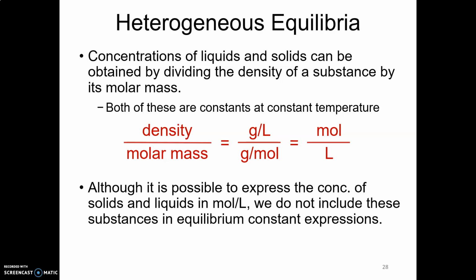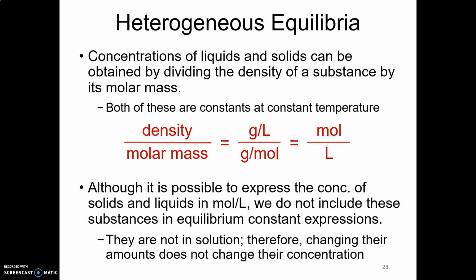So we are not going to include solids and liquids in our heterogeneous equilibria expressions. The reason for that is when we change their amount, it doesn't change their concentration. Water is water, whether you have 10 milliliters or a swimming pool full, right? That doesn't even make sense otherwise.